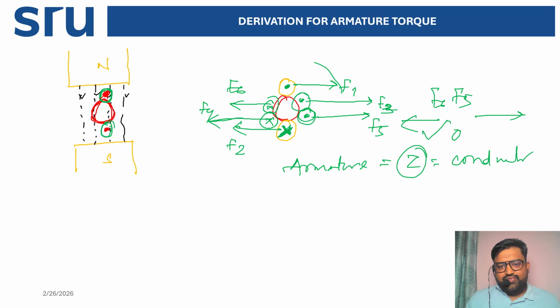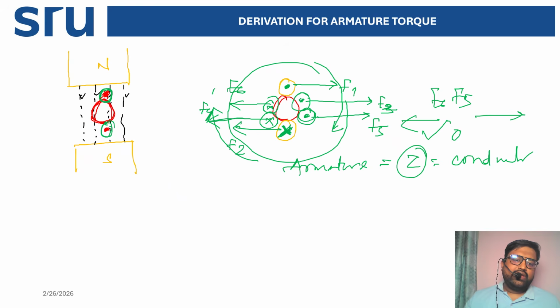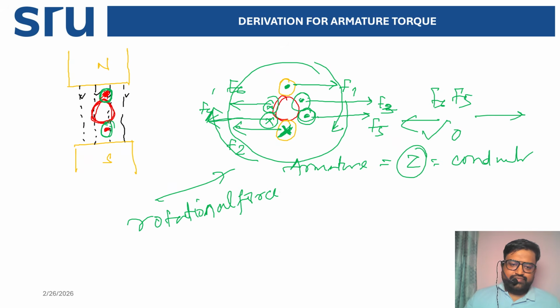You see, this force is coming like this, and here also it is going like this. The total force, if you see, will look like a circle. Or we can say that it is a rotational force. We are getting a rotational force now.